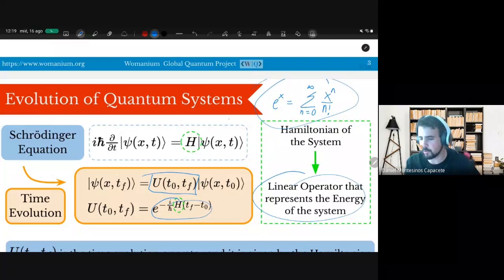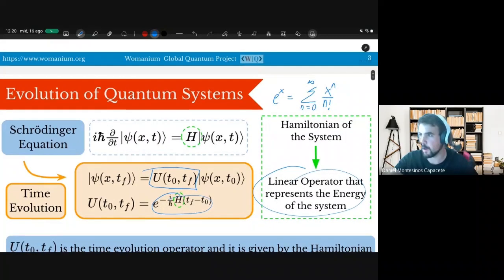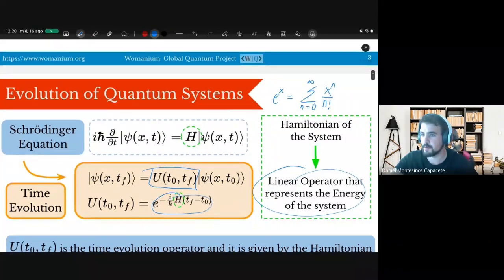So remember that we could write the exponential in this way.